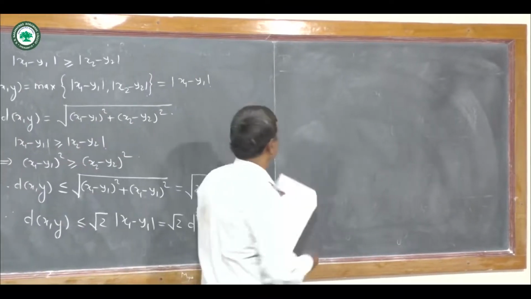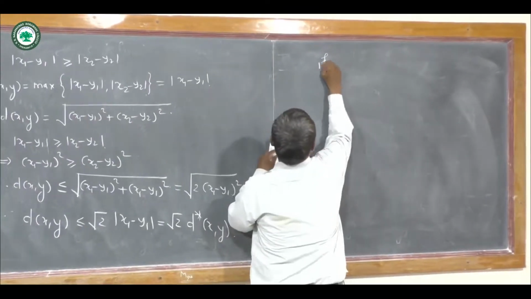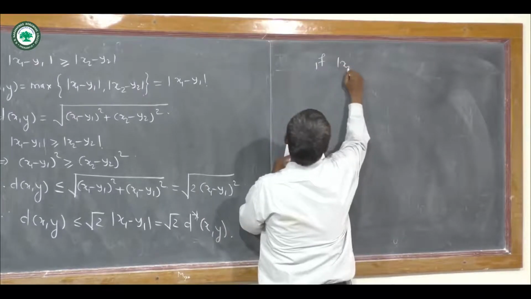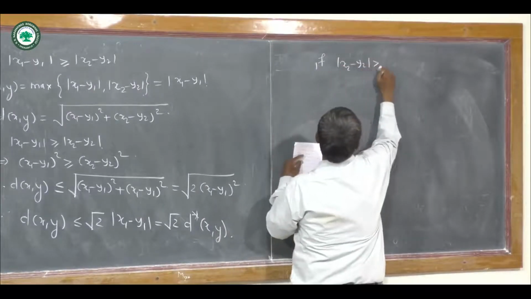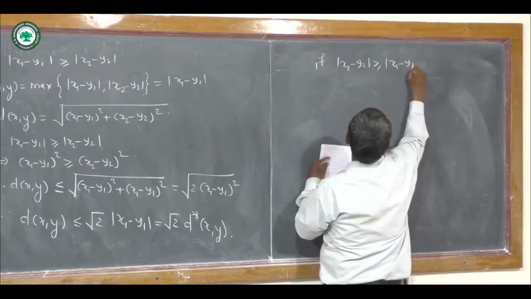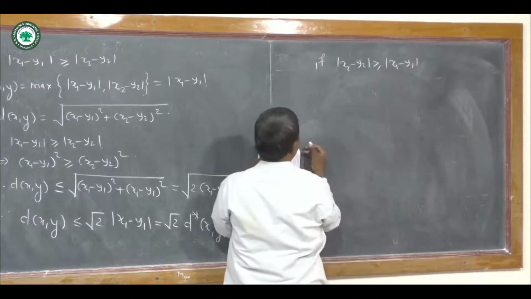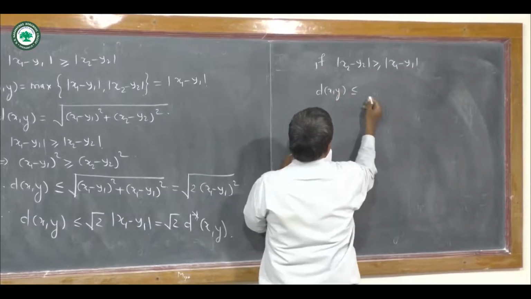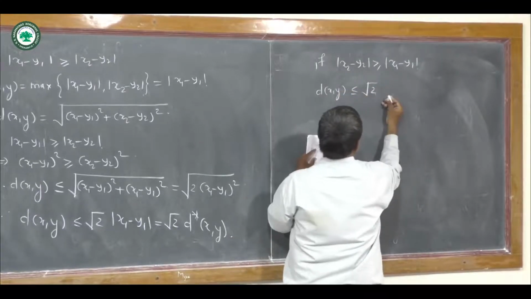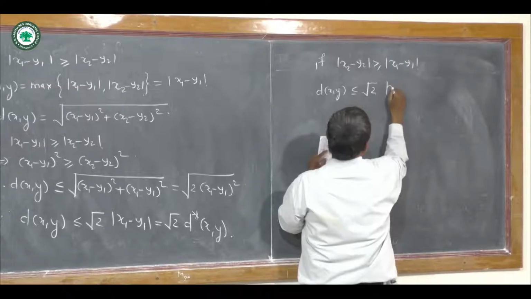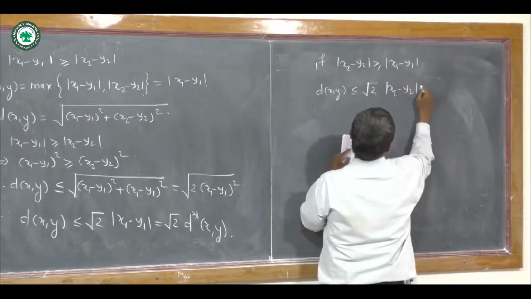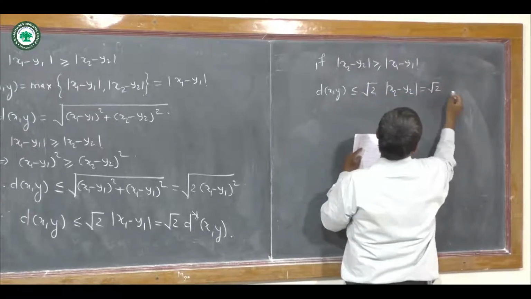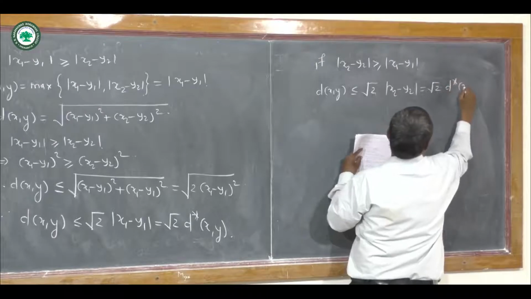Now similarly, if absolute value of x2 minus y2 is greater than or equal to absolute value of x1 minus y1, then d of x comma y is less than or equal to root 2 into absolute value of x2 minus y2, that is root 2 into d star of x comma y.